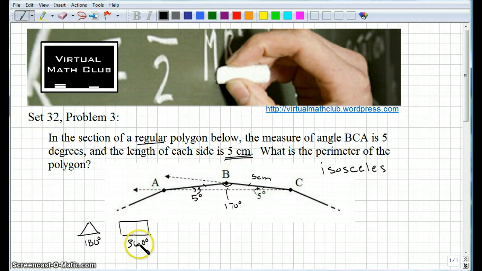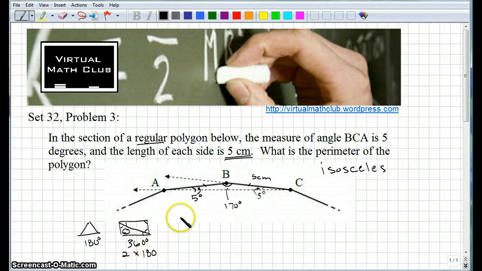I just know that because I memorized it, but I also know it because I can divide this quadrilateral into 2 triangles, and the sum of the angles in this triangle is 180 degrees, and the sum in the other has to be 180 degrees. So if we add those together, it's just 2 times 180, because it's just 2 triangles.